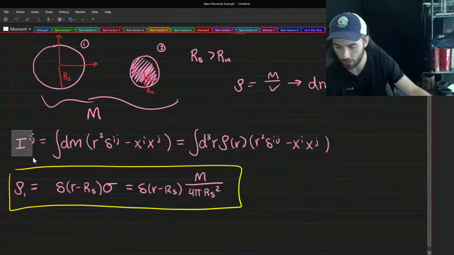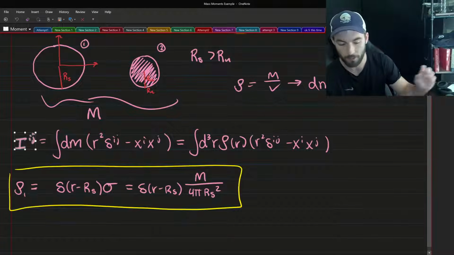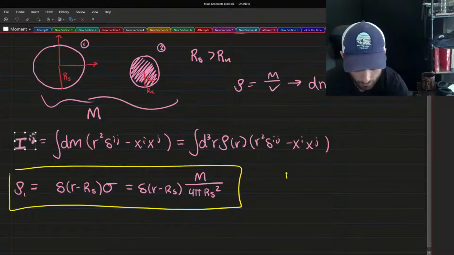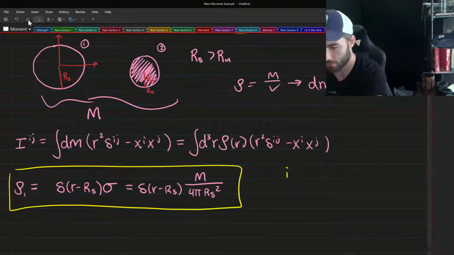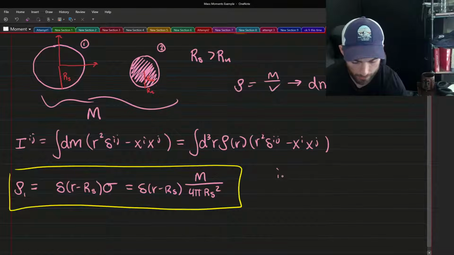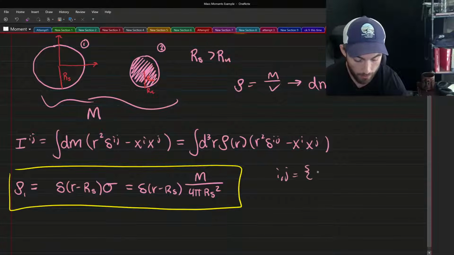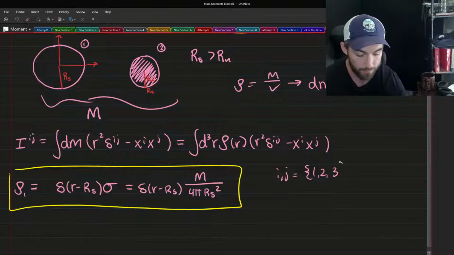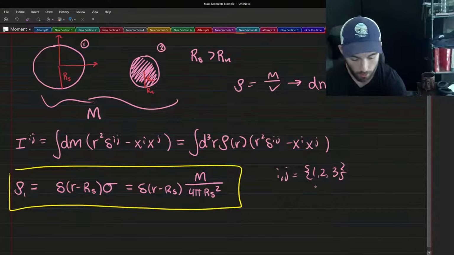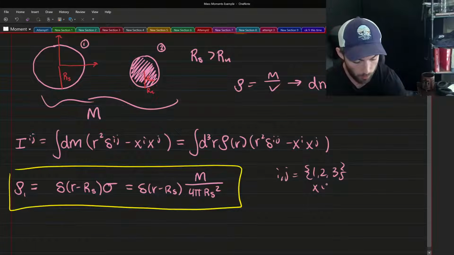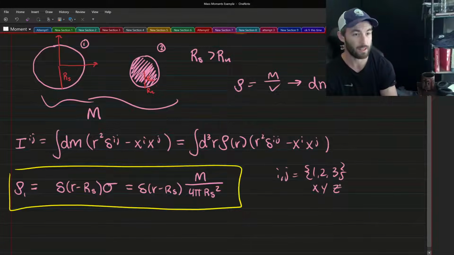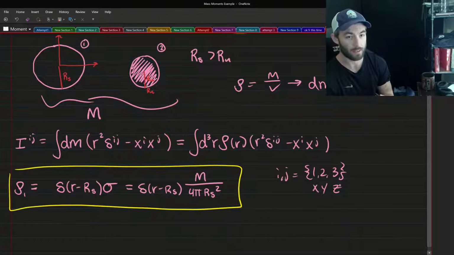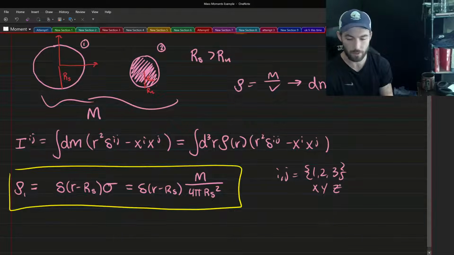Someone was asking about the variables with the different indices. If I have i, j, I and j are either 1, 2, or 3. 1 equals x, 2 equals y, and 3 equals z. It's just a convenient way of indexing things so that I can write summations more efficiently.